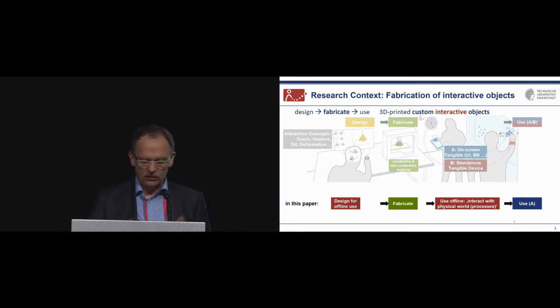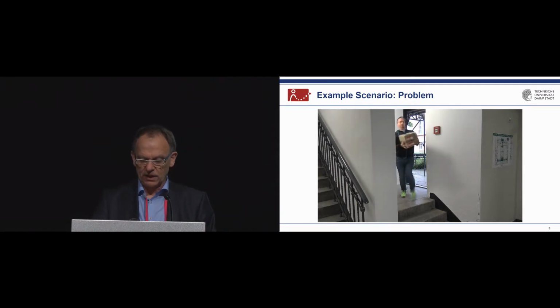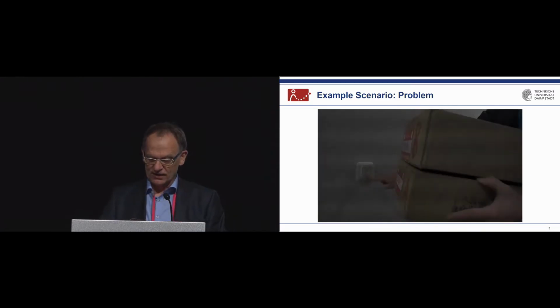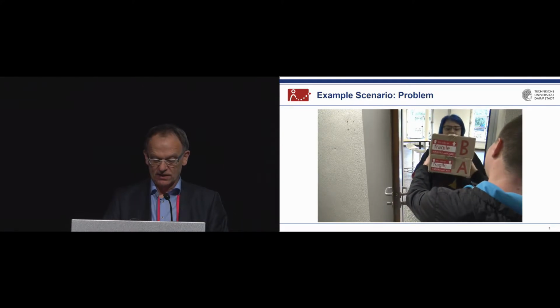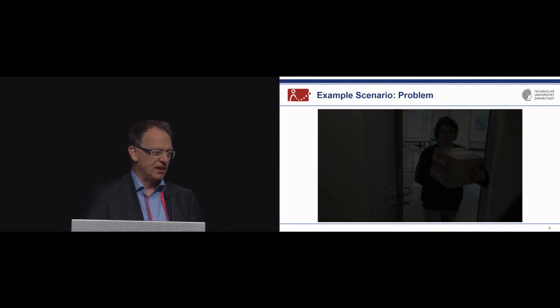To give you a better idea about what I'm talking about, let's look into just one sample use case, namely a parcel delivery, and we have this mailman who is a little bit awkward or clumsy, and since he got already the final warning letter from his boss, he doesn't dare to take the blame for what he did, so he just delivers the parcels, and the customer in this case is left with the charge to prove that something abnormal happened to one of the parcels in the process, which is a pain in the neck, as we all know.